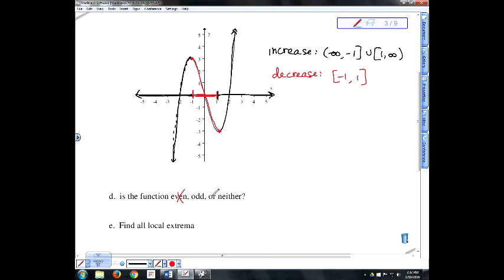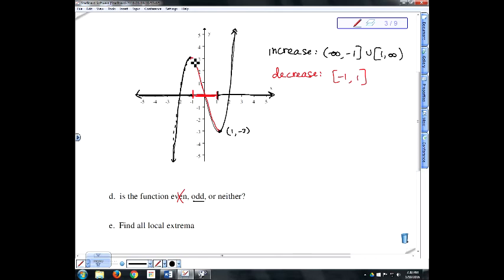So on a graph here, one way to spot symmetry about the origin, or an odd function, would be this property here. This is the point 1, -3. So if this were an odd function, then it would have the point -1, +3. You change the sign of both x and y.